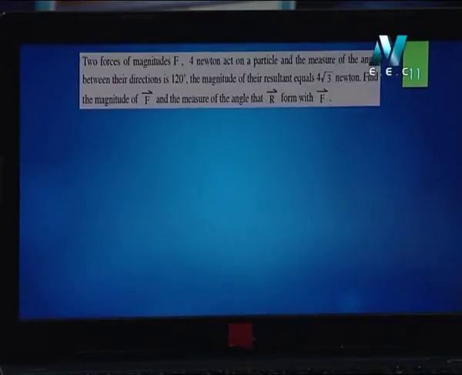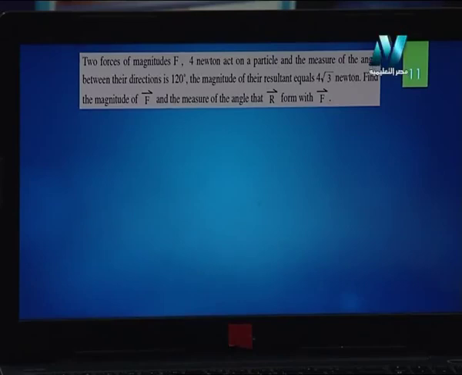We have two forces of magnitude F and 4 Newton acting on a particle, and the measure of the angle between their directions is 120 degrees. The magnitude of their resultant equals 4 root 3 Newton.